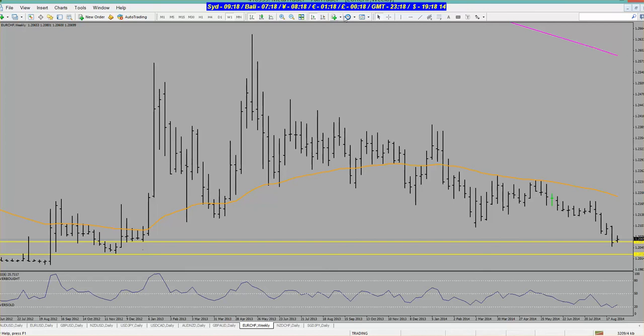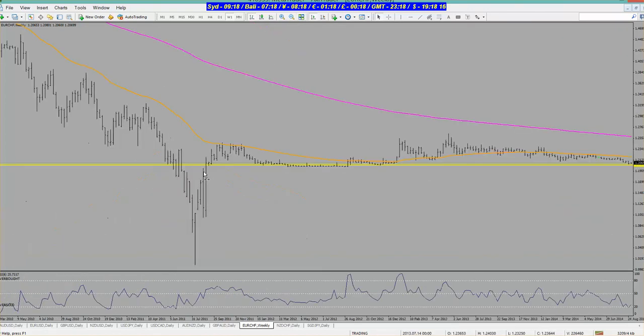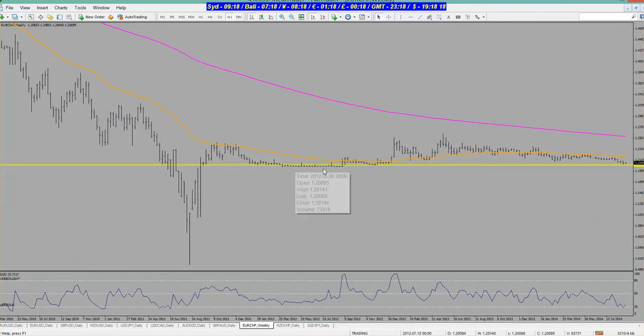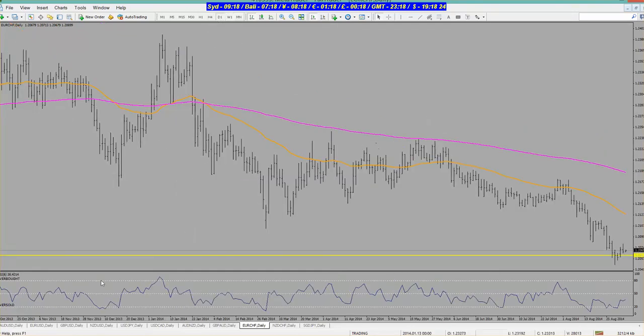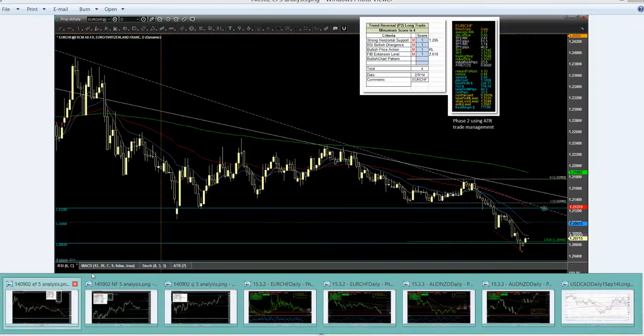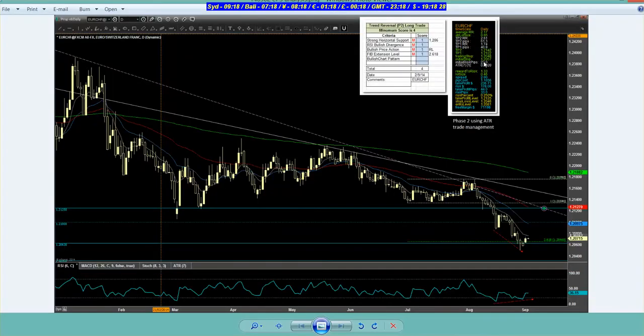I wouldn't necessarily call that a strong level. The strength is obviously at 120, which is 60 pips away. If you're prepared to run that, then that's going to ruin your risk reward. So, where's your stop?